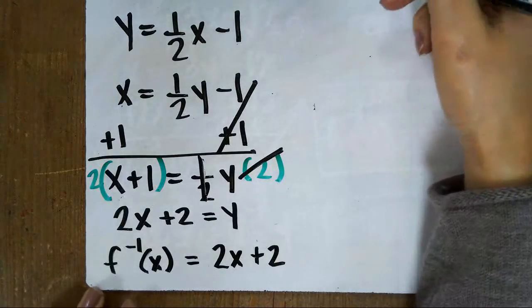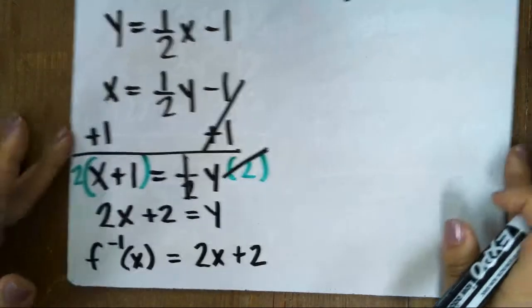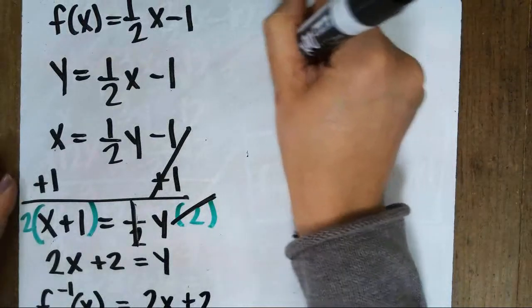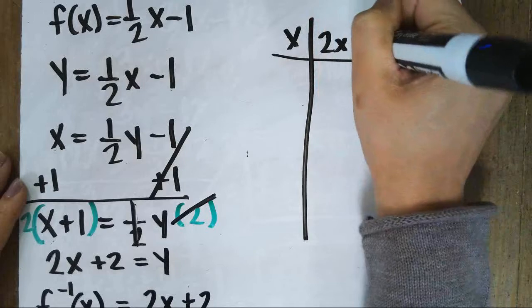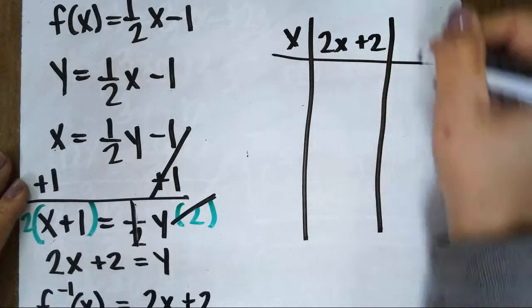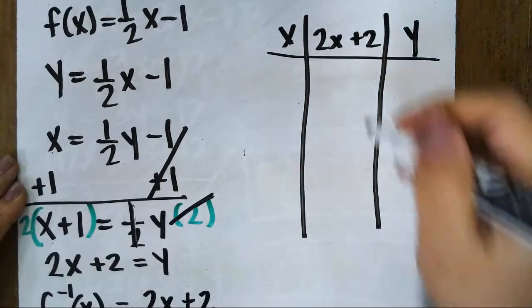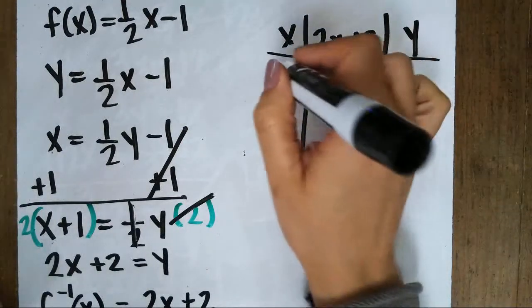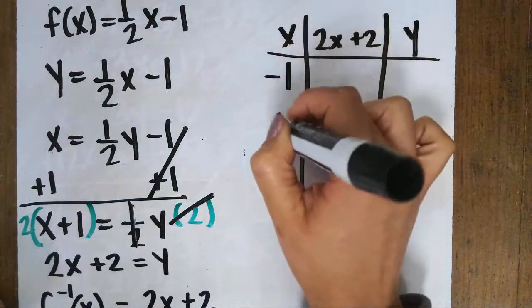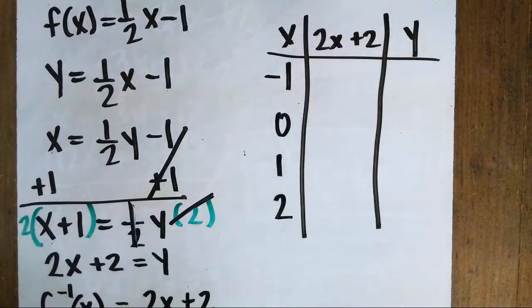Okay, so now I'm going to go ahead and make a function table over here. And so I have 2x plus 2 and my y value for that. So I'm going to go ahead and choose 4 numbers. So I'm going to do -1, 0, 1, and 2.